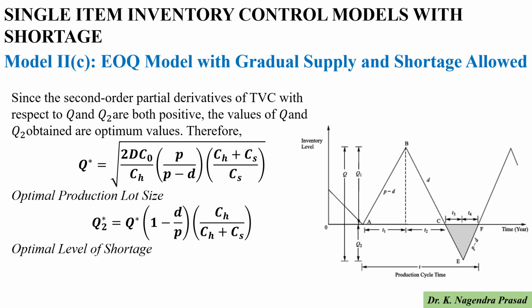Remember this equation; this is for the optimal production lot size, Q star. Similarly, remember another equation, Q2 star, for the optimum level of shortage: Q2 star equals Q star into (1 minus D by P) into CH divided by (CH plus CS). These two equations I have to remember.